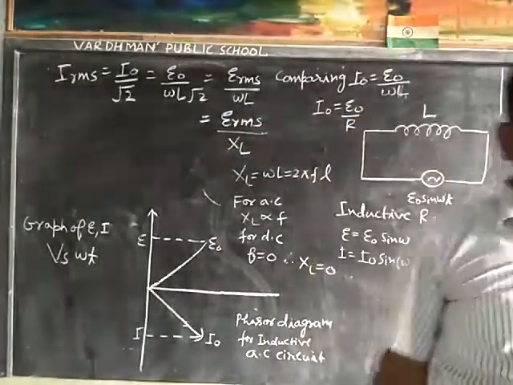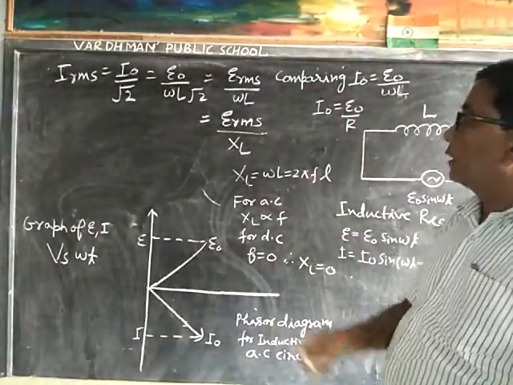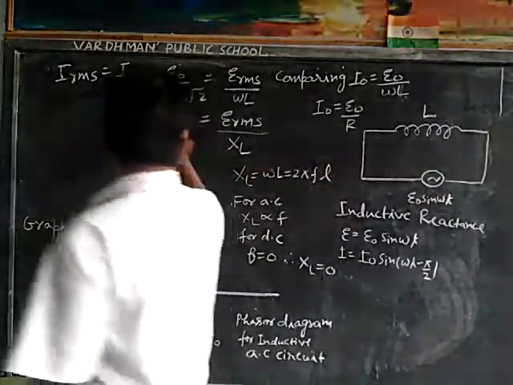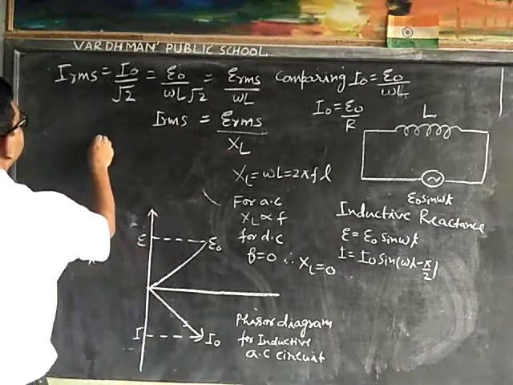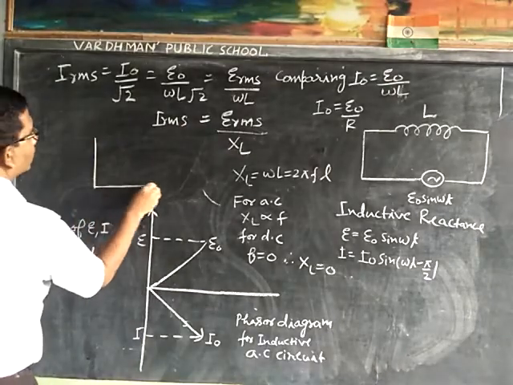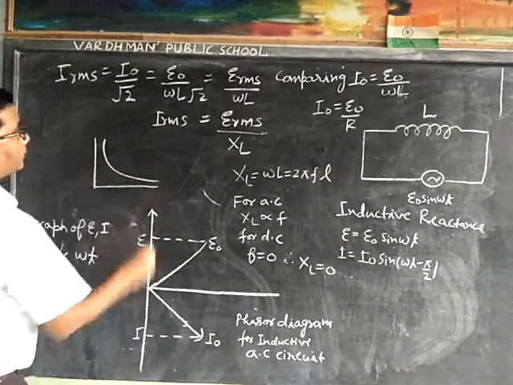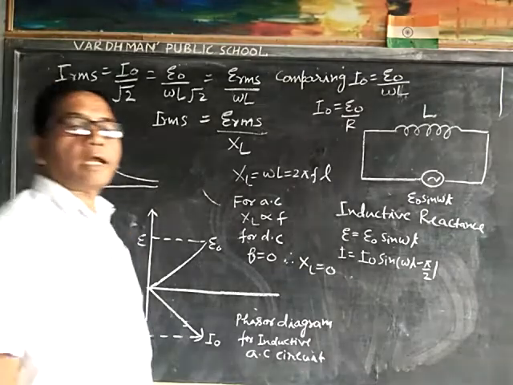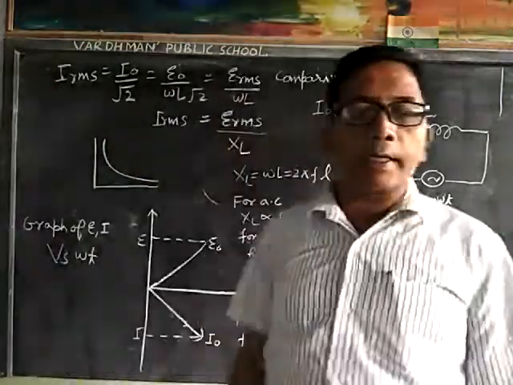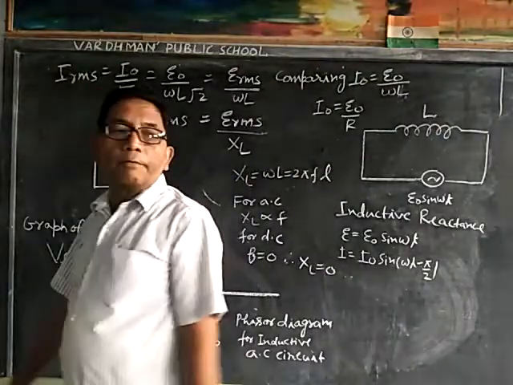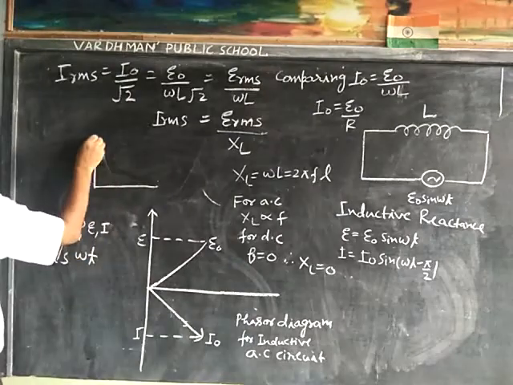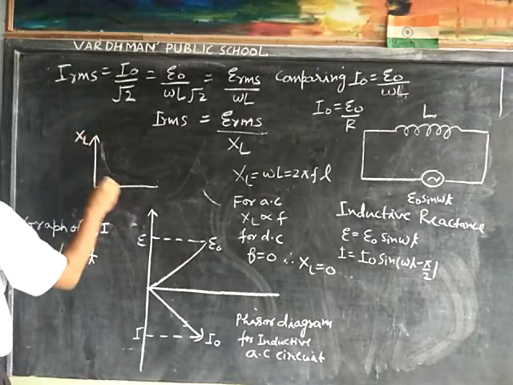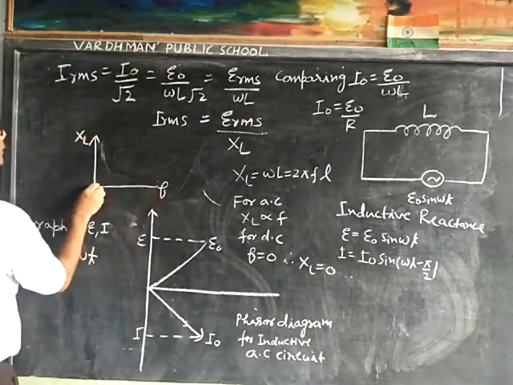Thus IRMS is equal to ERMS upon XL. When we plot a graph between XL and frequency F, we get a straight line.